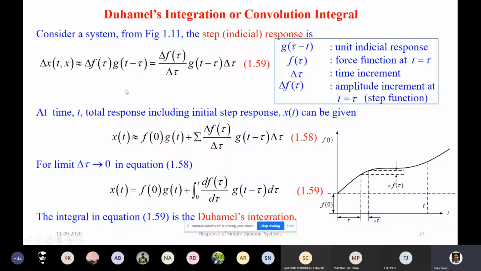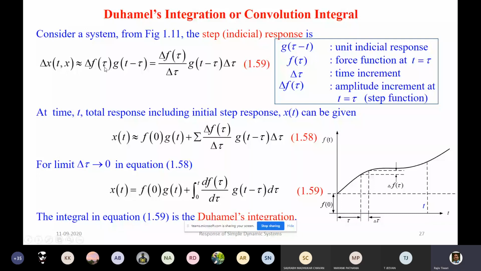If we multiply this unit indicial response with the magnitude of the force, which is taking place during this delta tau time, it will give us the response contribution because of this force which has been applied at t equal to tau. So this is the response contribution from this small step.